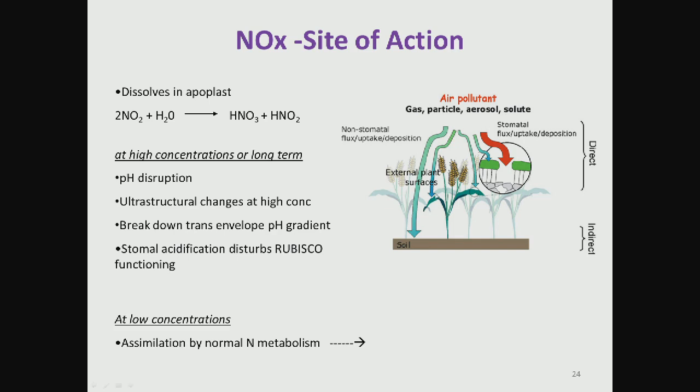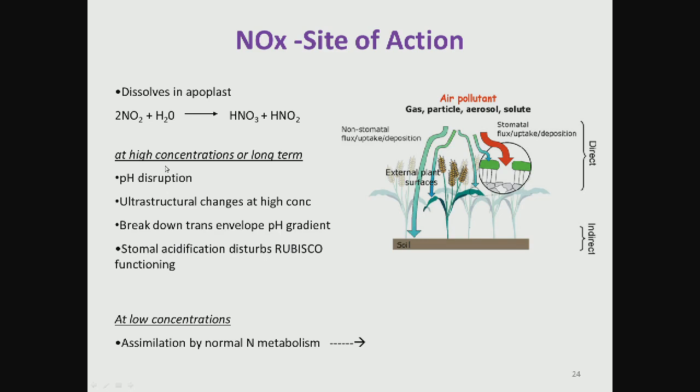It can also stay on the leaf surface, but the problem is some of these gases are taken up by the leaf. And when it goes into the leaf, it dissolves on the cells inside the stomatal cavity, all round here, and it dissolves to the acids, nitrous and nitric acid. So that can cause pH disruption.